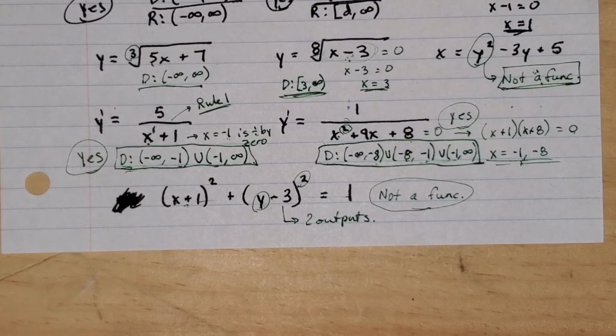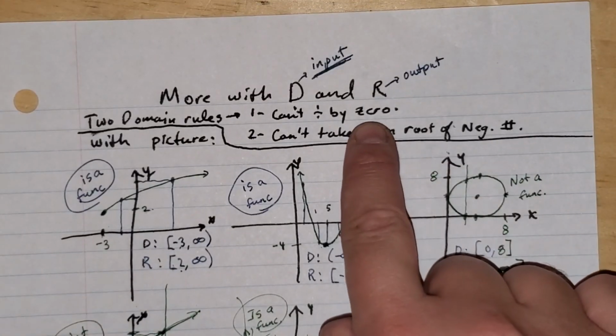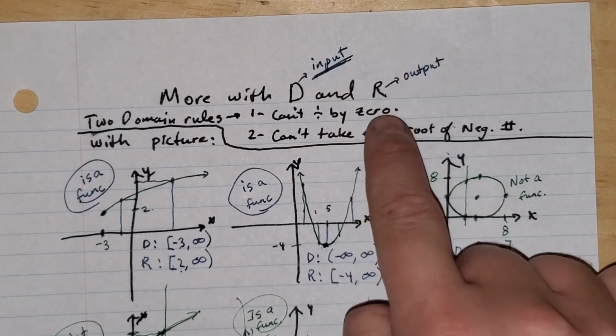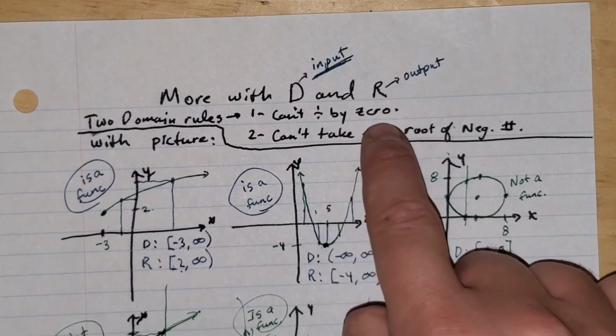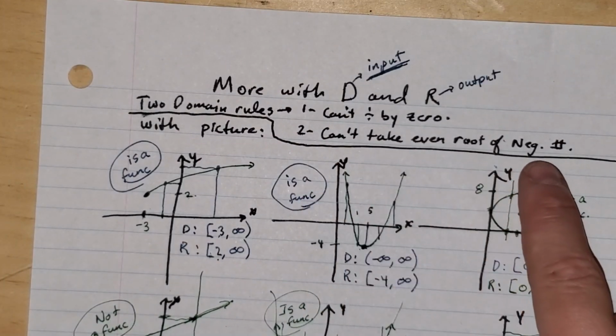So kind of not part of this video, but just can you find the domain without a picture? Is it a function without a picture? And remember, it all boils down to these two rules. Are you dividing by x? If you are, then you could divide by 0. Find those values. They cannot be in your domain. Are you taking the square root of a negative number?